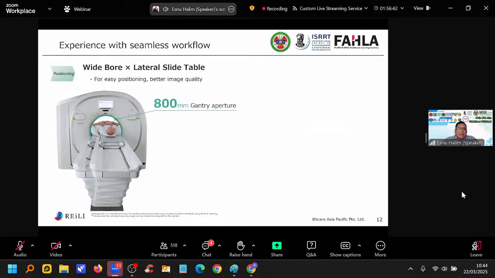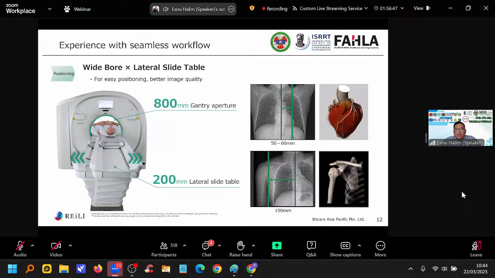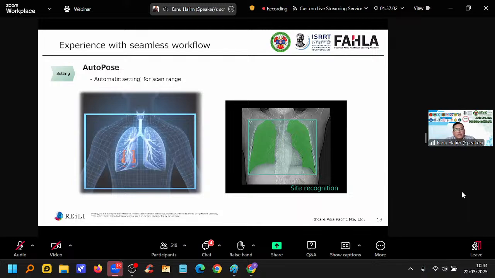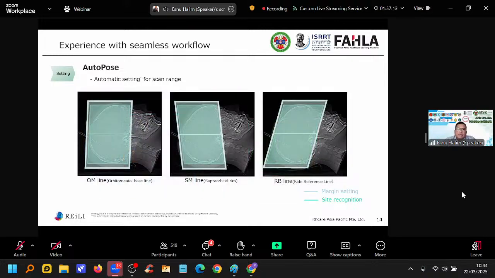And then, as I mentioned, with the wider bore and the lateral slide table, you can position the target area so that you will not expose unnecessarily, and you are using efficient dose exposure for each target area that you want to see. And then with the automatic positioning, with the help of the camera, the system will look at the site, and then the margin setting, and those are where the exposure will be targeted.